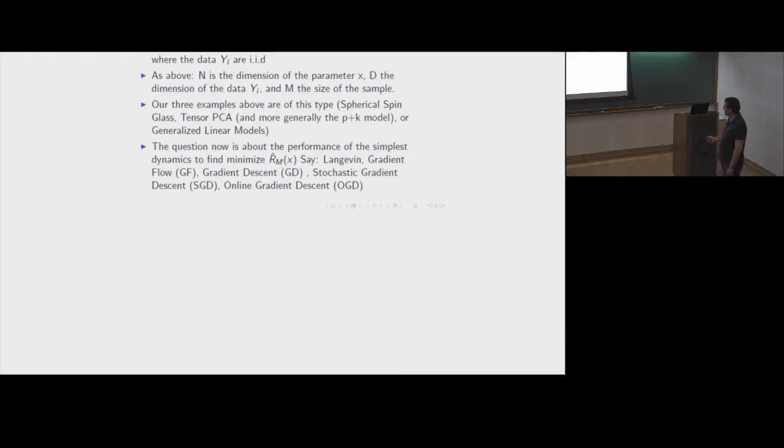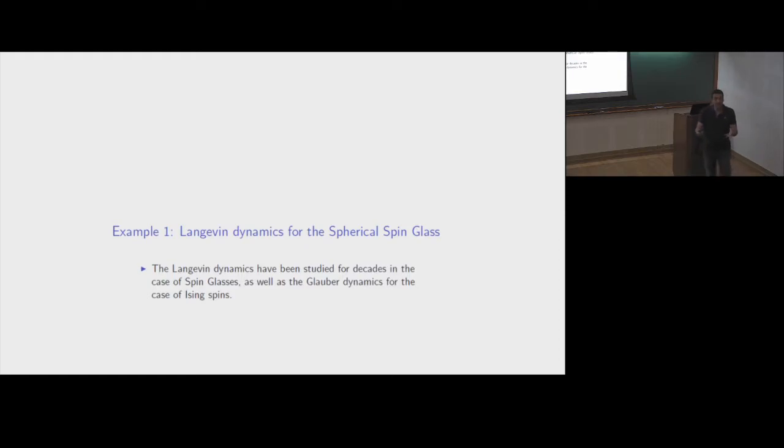So I will first start with our example one, which was the spherical spin glass, and because we're in a physics school, I will do a little survey of what has been known for a long time in physics on the Langevin dynamics for this thing. Maybe some of you already know that well, but in a few slides I will try to summarize decades of work. The Langevin dynamics have been studied literally since the 80s for the case of spin glasses, as well, of course, as the Glauber dynamics if you take Ising spins.